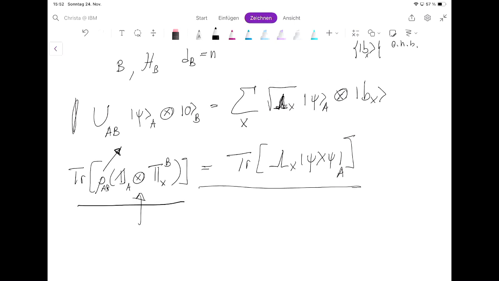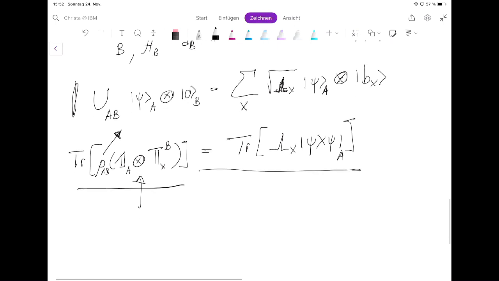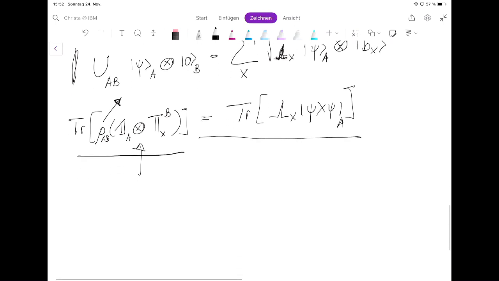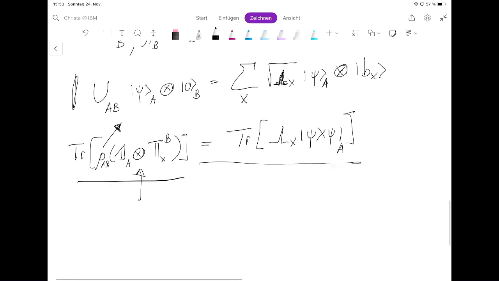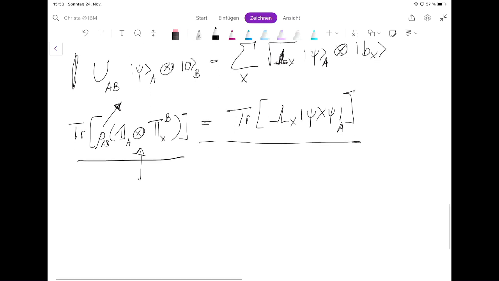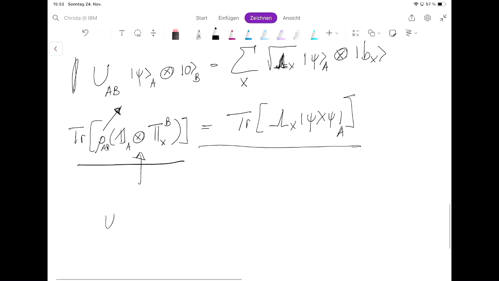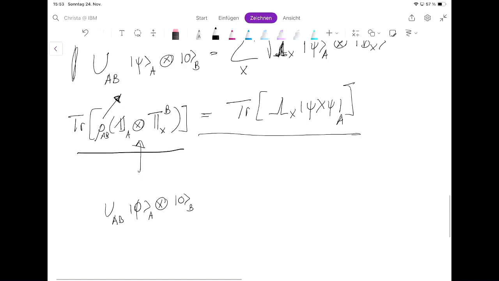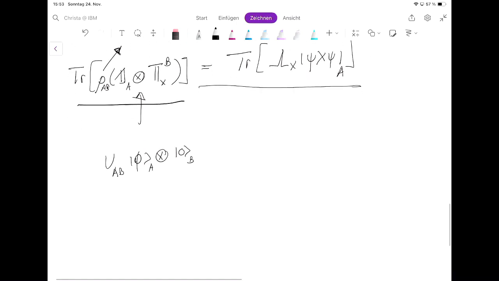So for instance, you have to check that this is unitary, in fact, and it's very easy to do. You just take the application of this UAB to two states, like you do this on another state in A. The definition is just the same that I did above, and then you check what, let's call this phi AB.